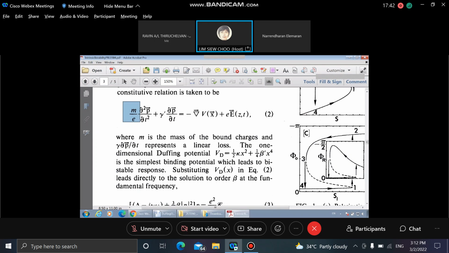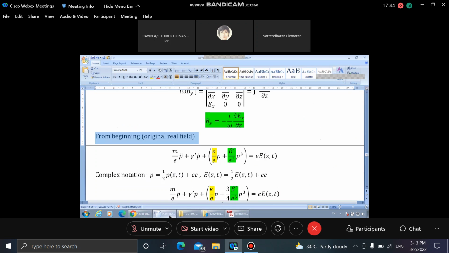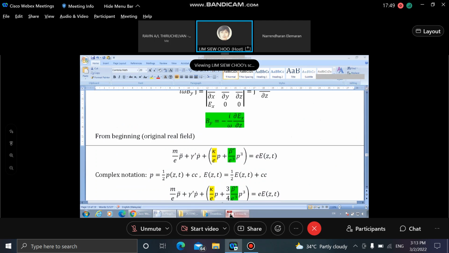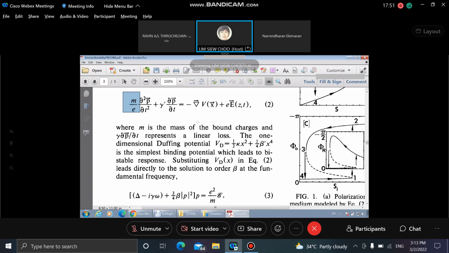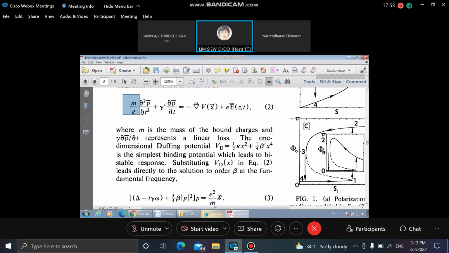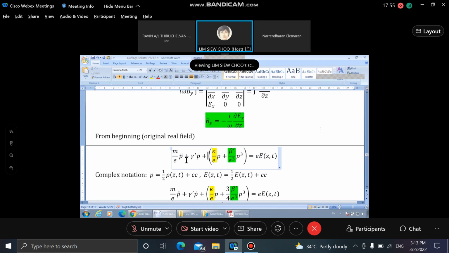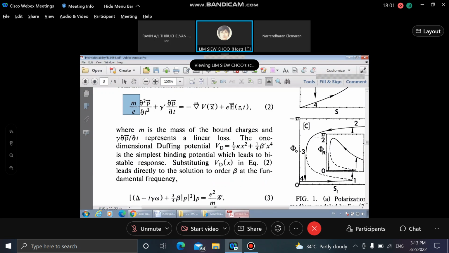You need to do it during the holiday. So I copy paste here. Just a bit different. m over e, this is gamma prime. I think it's correct, gamma prime. And then this one we work it out.